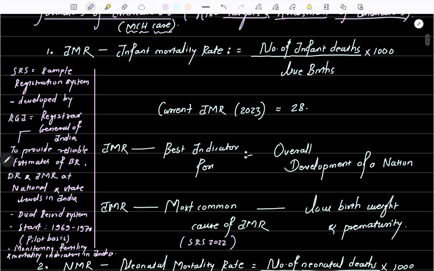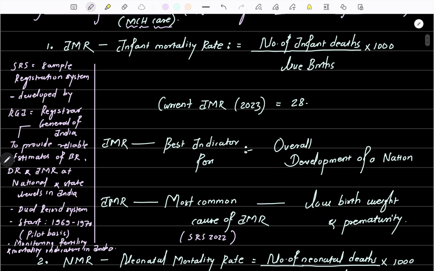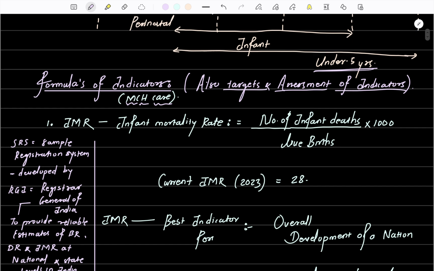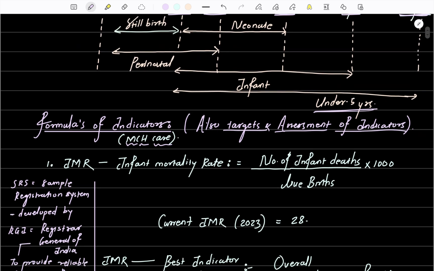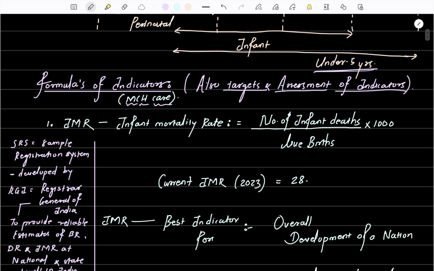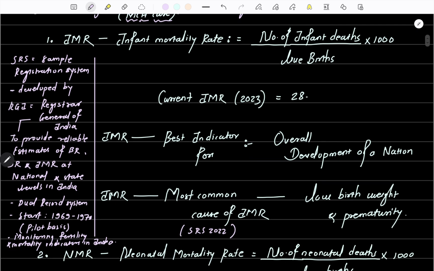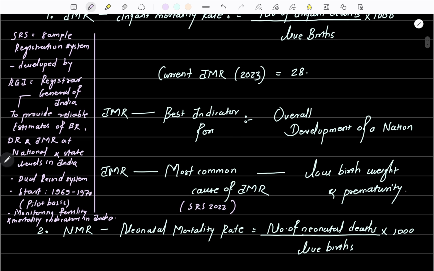First is the infant mortality rate. Infant mortality rate is defined by the number of infant deaths occurring among the total births of babies. So the number of infant deaths upon live births into 1000 is the infant mortality rate.